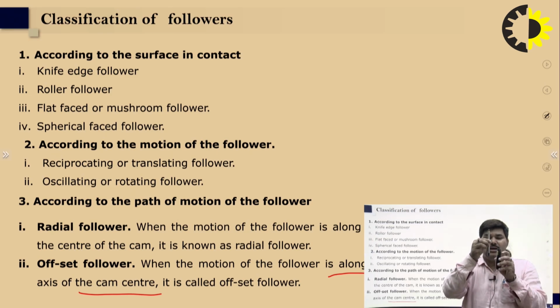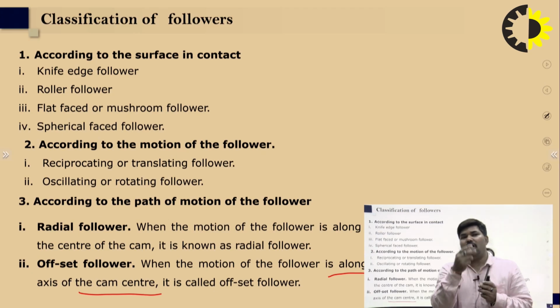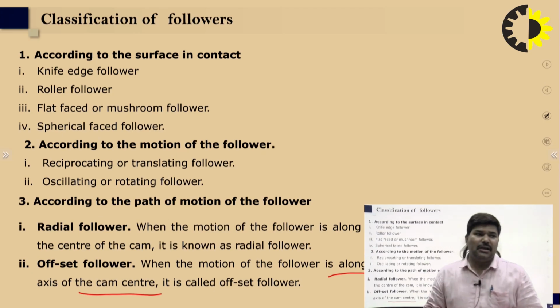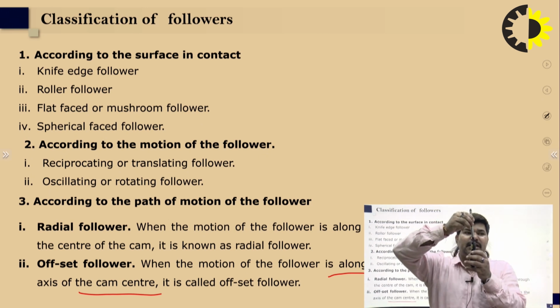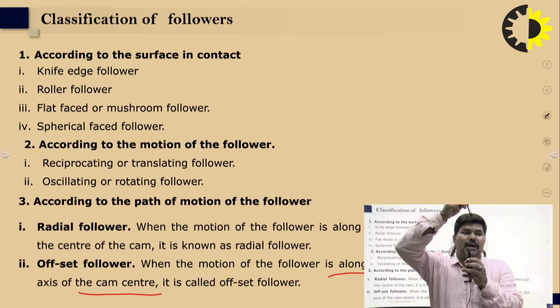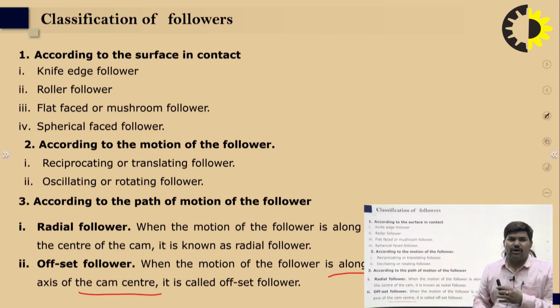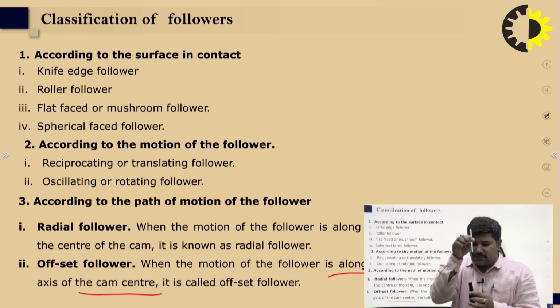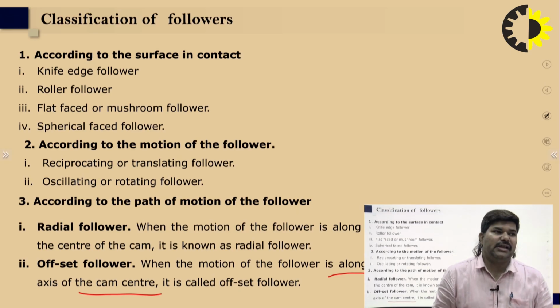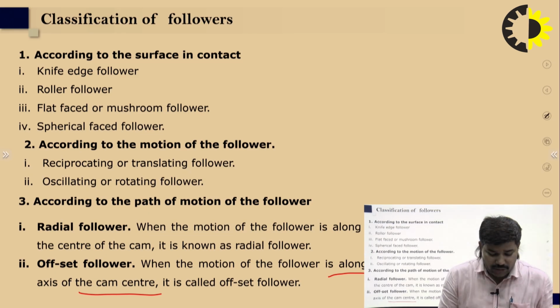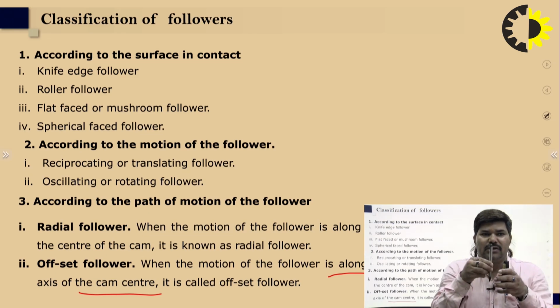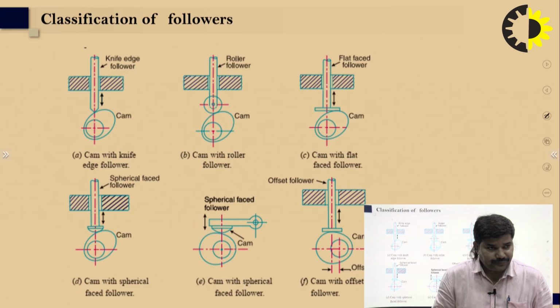These are shifted from here to here, so that is the offset of the follower. And in the radial follower, the center of the cam and the follower's line of action are in the same line. So the radial follower and the offset follower both have different cam centers.